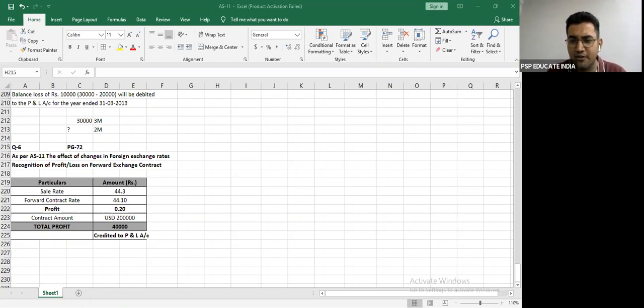So Akshay, the answer to your question is that you will buy at the forward contract rate and then you will sell at the market rate. I hope Akshay that solves your doubt. Okay. Mukaddisha, you have mentioned something which says, but हमने तो actually 43.9 से buy किया है. I hope that doubt is now resolved.